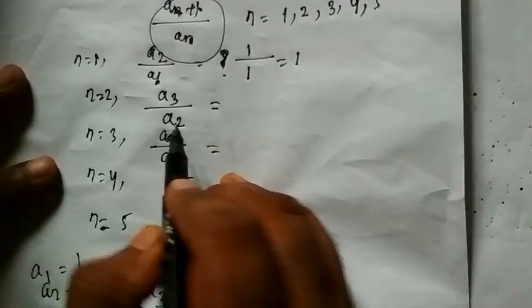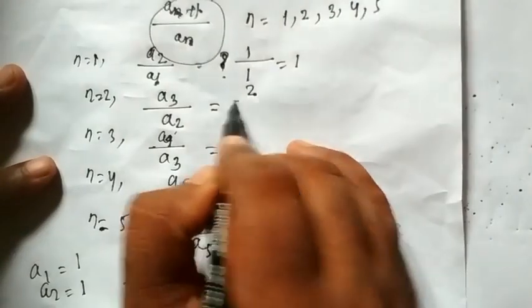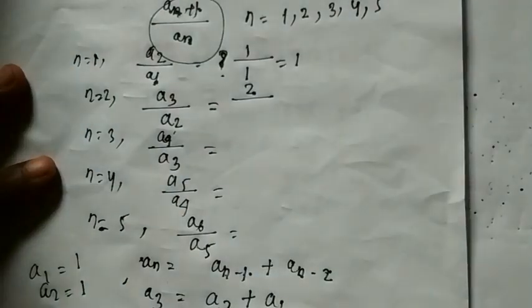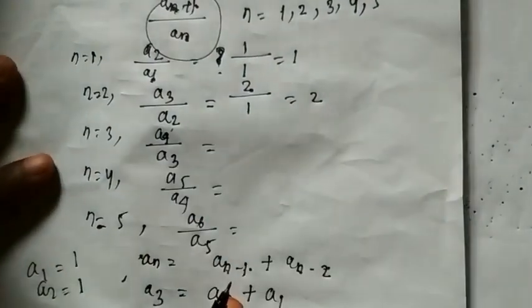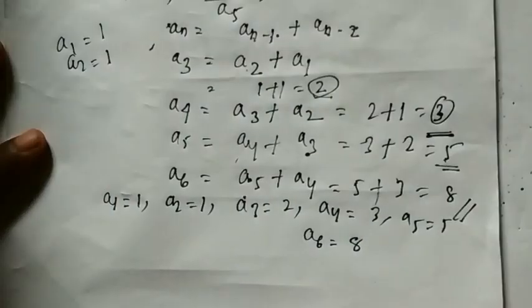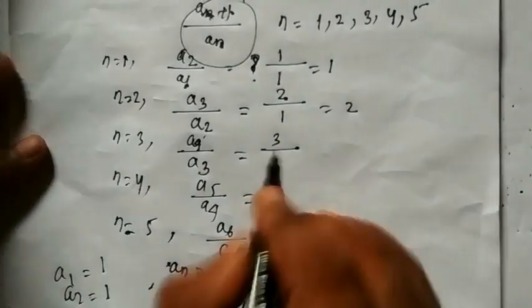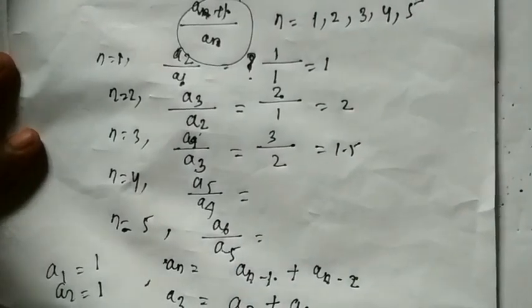Second, a3 by a2. a3 is 2 divided by a2, which is 1. So you are getting 2. Similarly, a4 by a3. a4 is 3 divided by a3, which is 2. Then you get 3 by 2, that is 1.5.